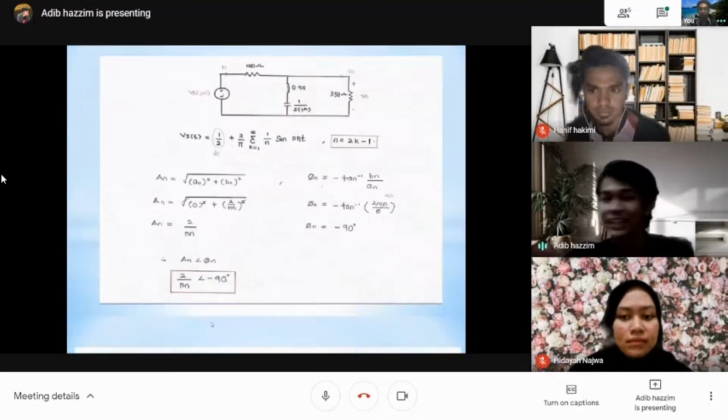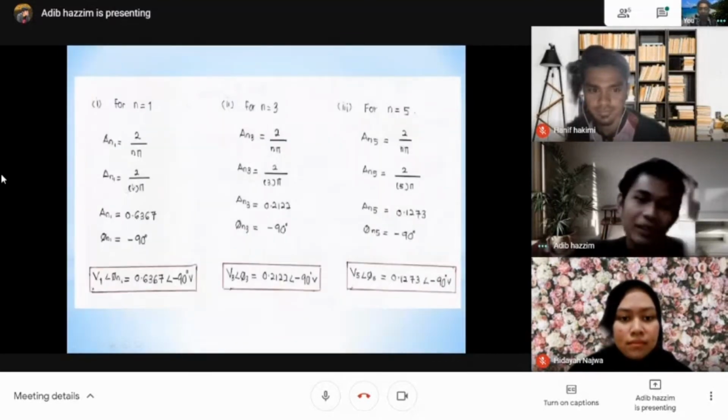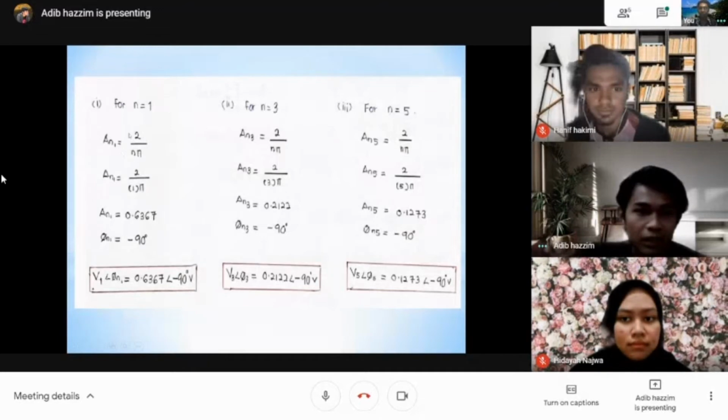Next, for n equals 1, just substitute the value and we get the answer negative 90 degrees. So this is the answer.